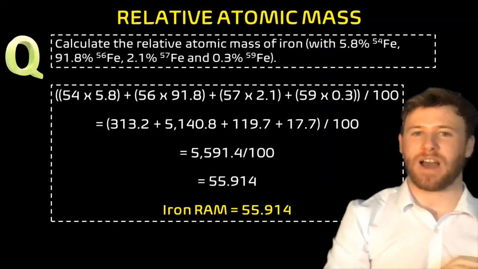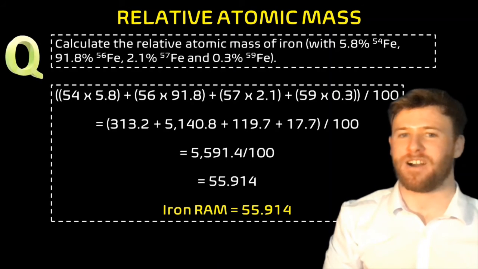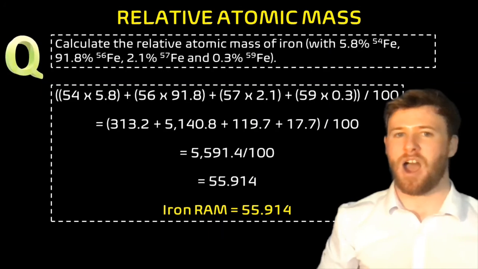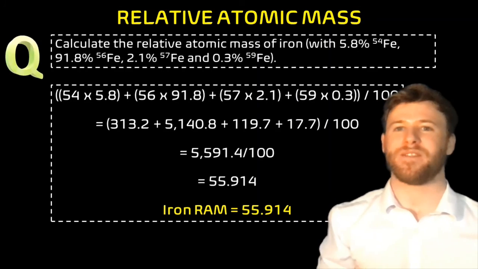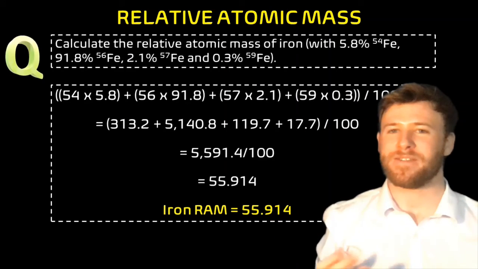So hopefully you all had a go at that one. As you can see, we've got a relative atomic mass for iron of 55.914 here. What we've done to get that is we've paired up the mass numbers with the percentage abundances. So we've got iron 54 being the first one here.